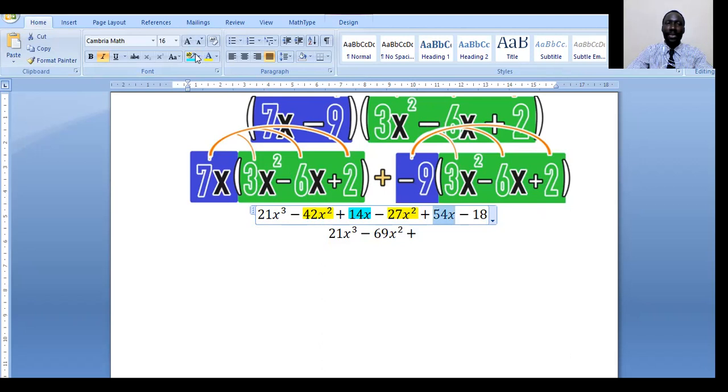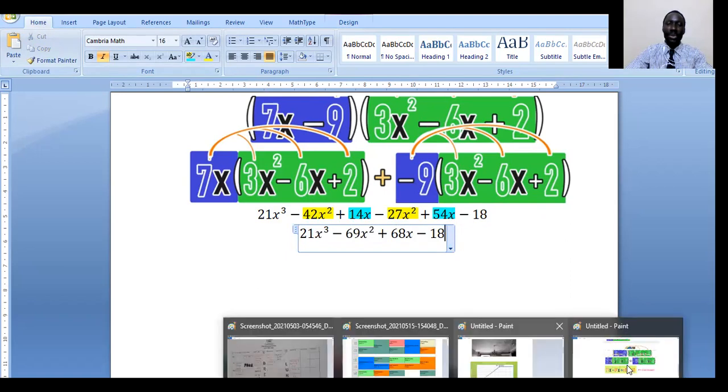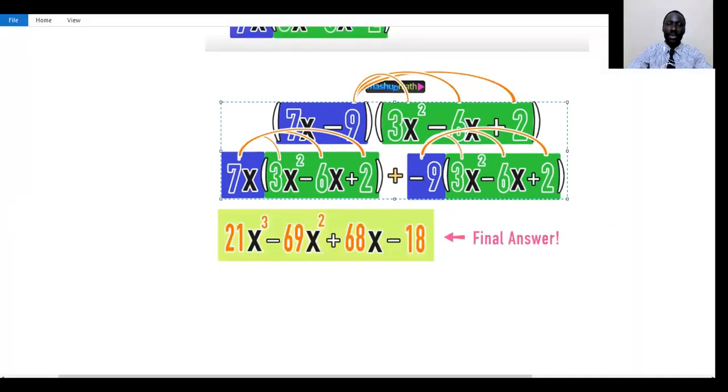Now notice that all of them are positive, and because of that, we can add them without any problem. 14 added to 54 gives us 68, so this is 68x. Then we have to put the minus 18, which gives us the final answer to this question. So you can see for yourself, that is what we have got.